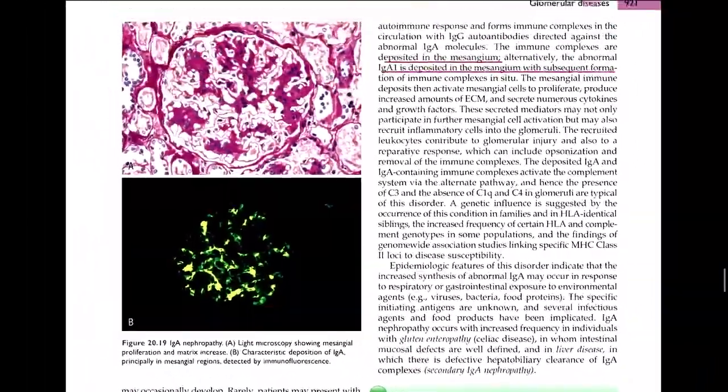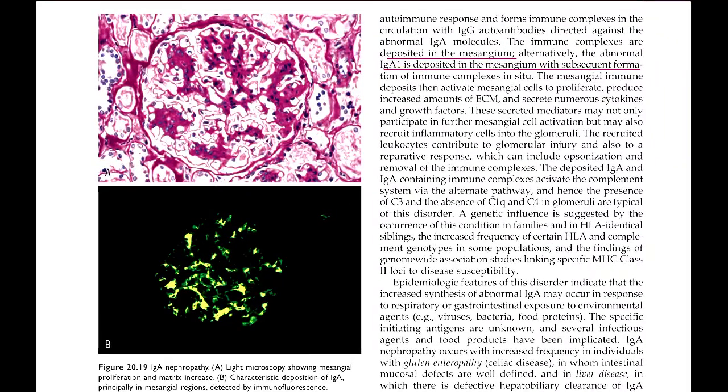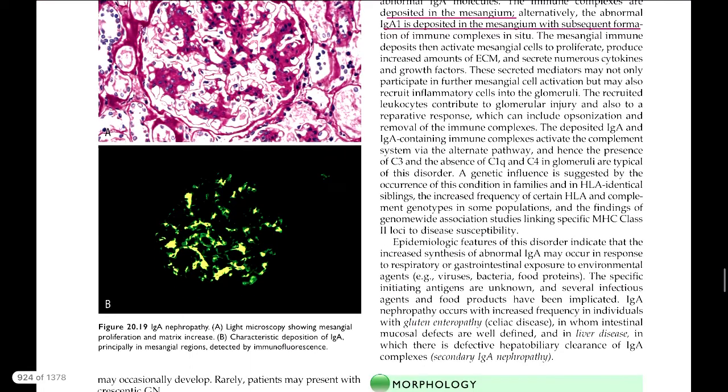You can see this is the diagram of IgA nephropathy. The above one is showing the light microscopy, where you'll see mesangial proliferation, which will cause an increase in matrix. Now here you can see the immunofluorescence diagram, where there is deposition of IgA in the mesangial region.